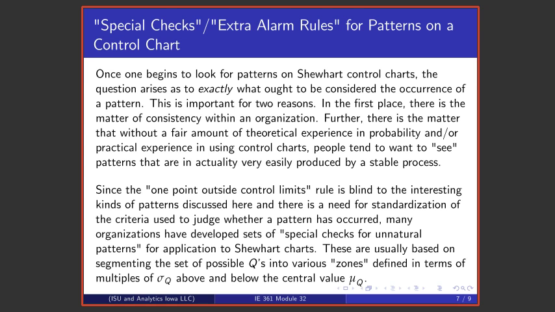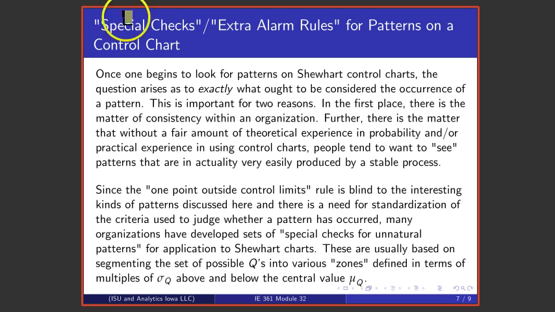And it's also the case that without some fairly rigid understanding of what constitutes a pattern, people tend to want to see patterns that are in actuality not at all unusual, and so there needs to be some kind of agreement.